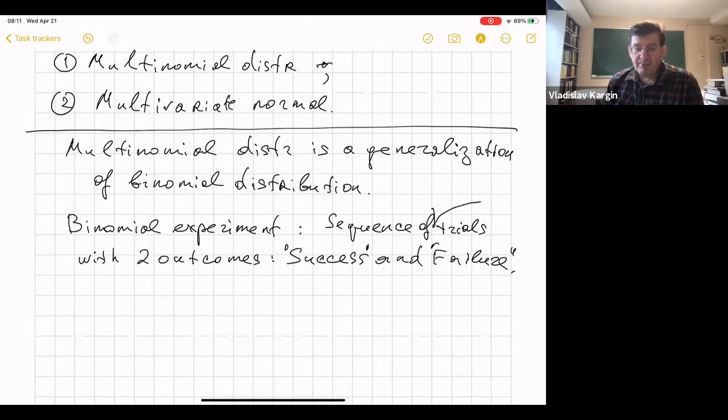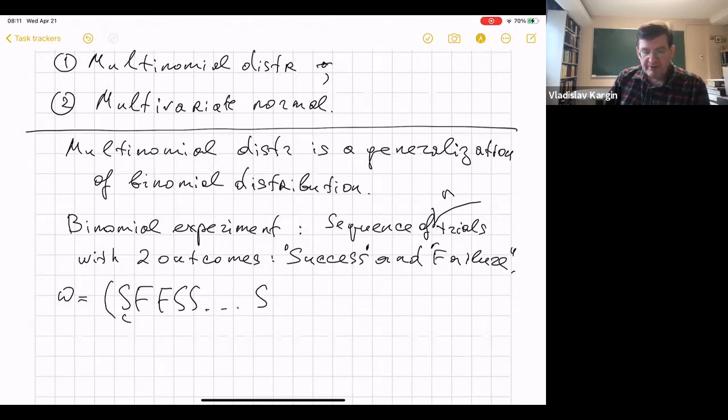So it's a sequence of n trials with two outcomes, success and failure, and you can think about what the typical outcome is. It will be a sequence, something like: success, failure, failure, success, success, and so on, n times.